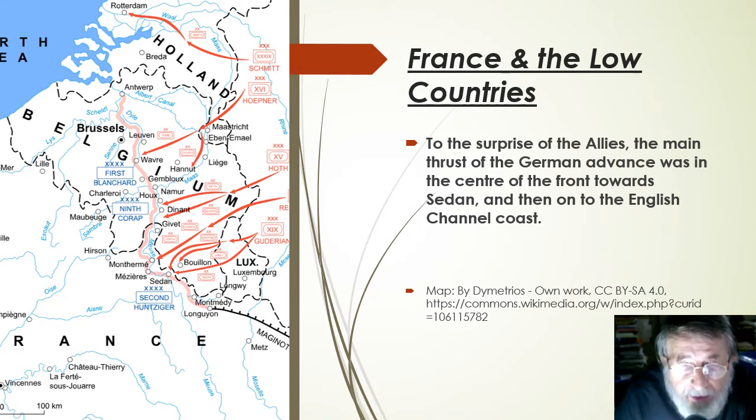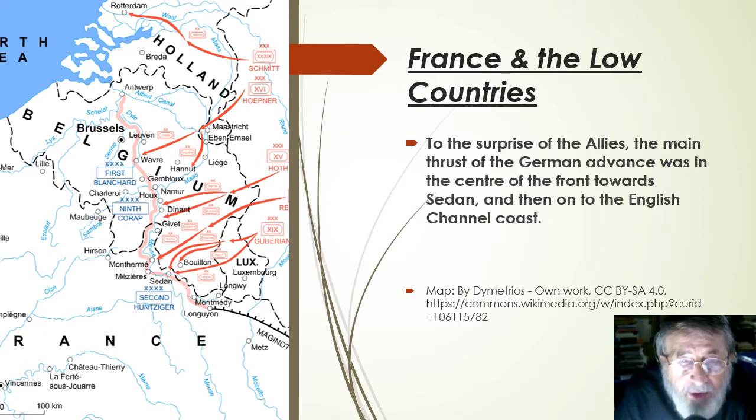This is the area of the Ardennes forest, and that's the area which the Germans chose to have their main invasion route into France, and it leads into the area you'll see there, the French town of Sedan, which becomes one of the early conquests of the German invasion.